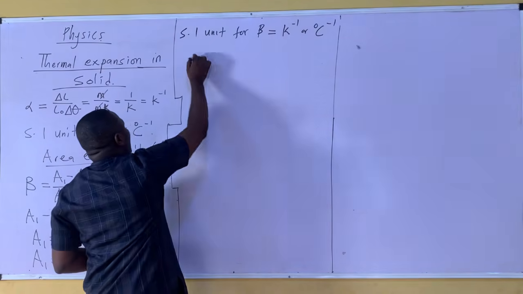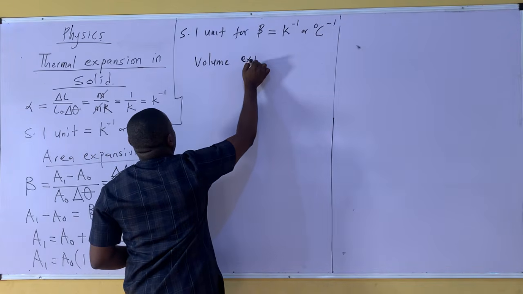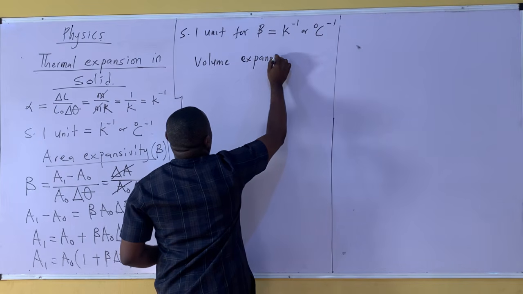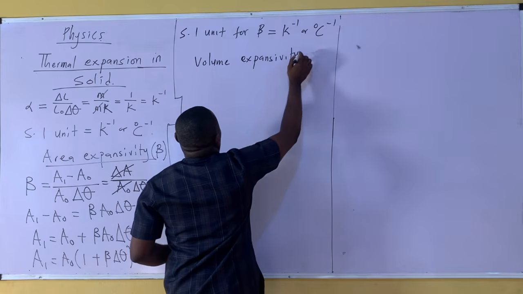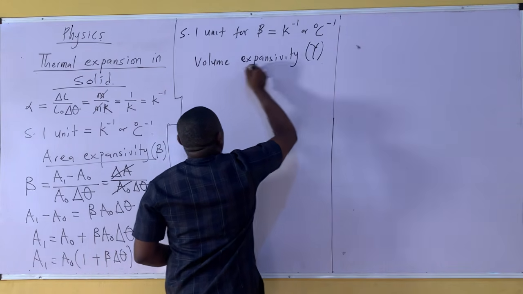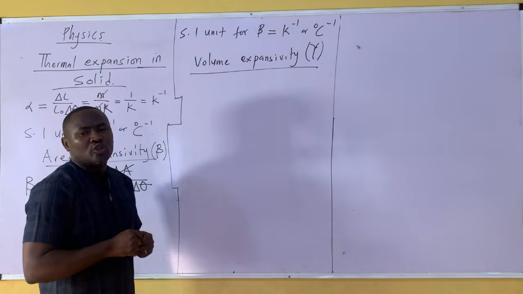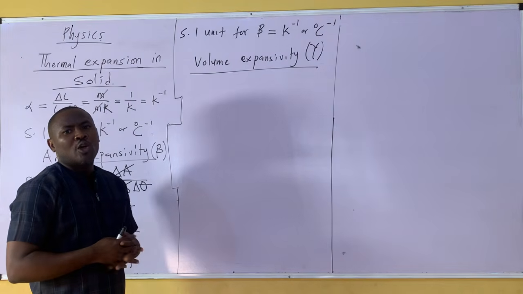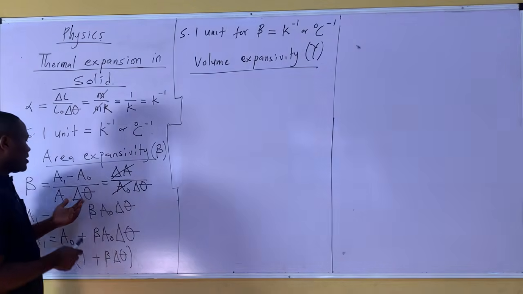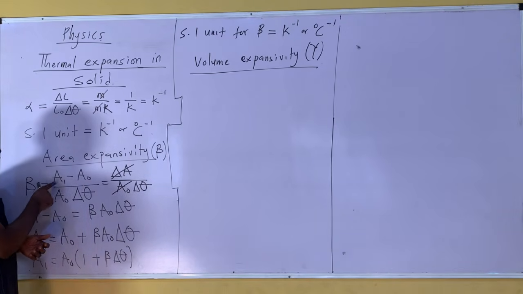What about our volume? Volume expansivity. Now remember, in solid, if you want to define volume expansivity in solid, what will you say? You say it is the increase in volume.